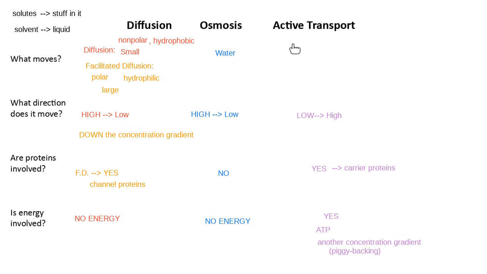When we think about what's moving in the process of active transport, we talked about a few specific examples of the kinds of things that we moved. Did either of my groups happen to figure out what were some of the specific things that we use active transport to move? What did we say we moved in active transport?